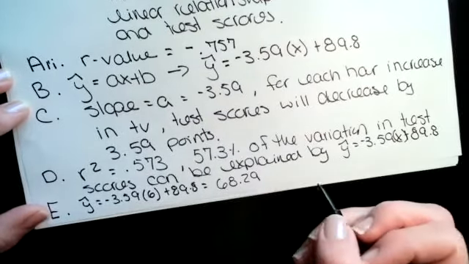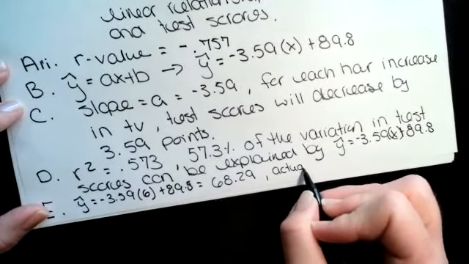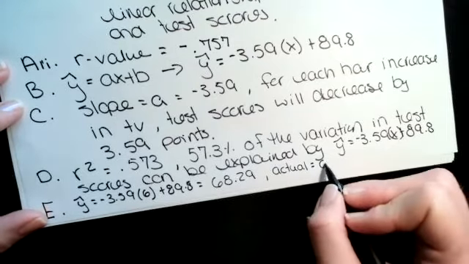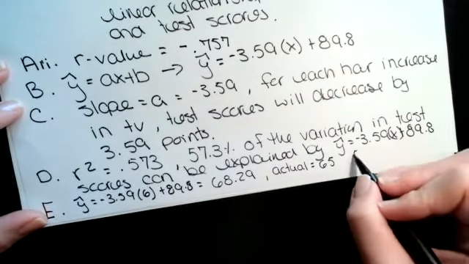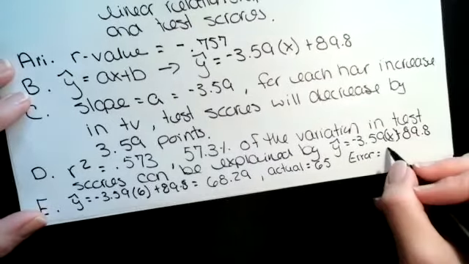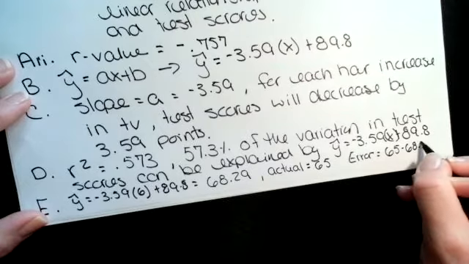That's predicted. Now, actual, so I'm going to write actual here. And I'm going to look at the data for 6 hours of TV. When I go down, it's the fourth from the bottom on the list. It says 65. So now I'm going to calculate the error. The error is going to be my actual of 65 minus my predicted of 68.29.